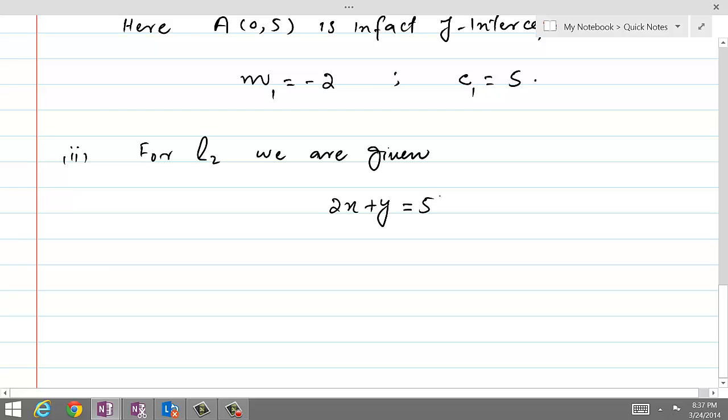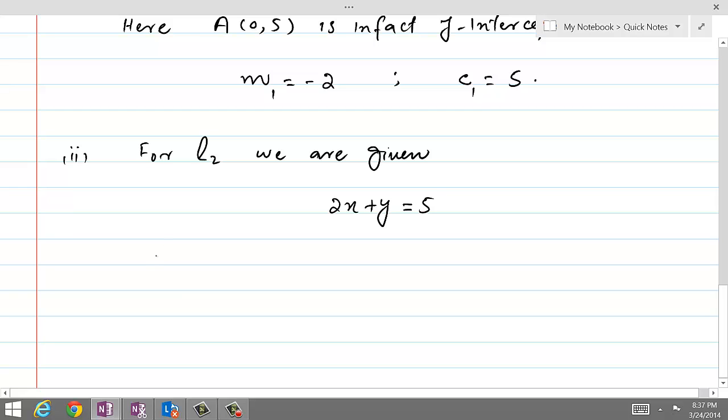This is not the situation where we are given two points, but we are given an equation, and we know that we can find the slope of the line from the equation by converting that equation into slope intercept form.